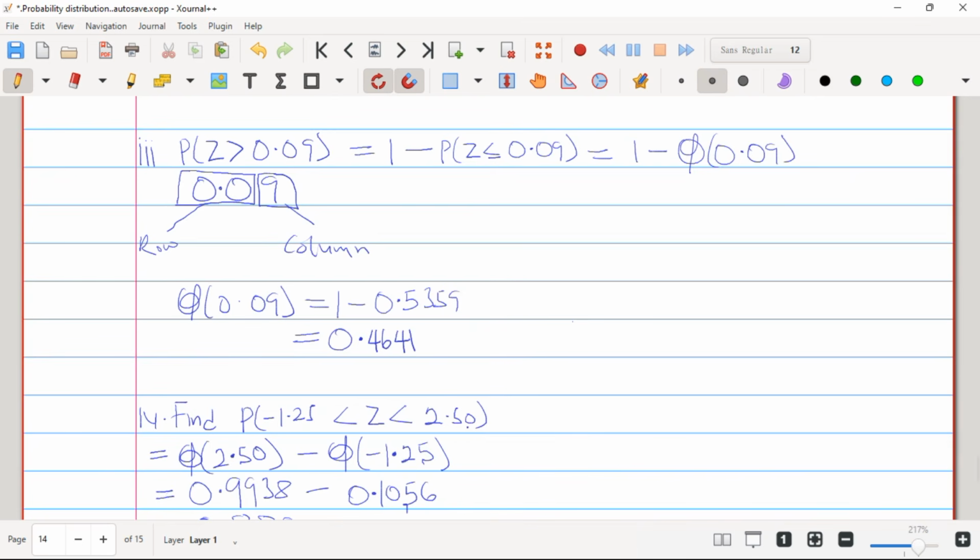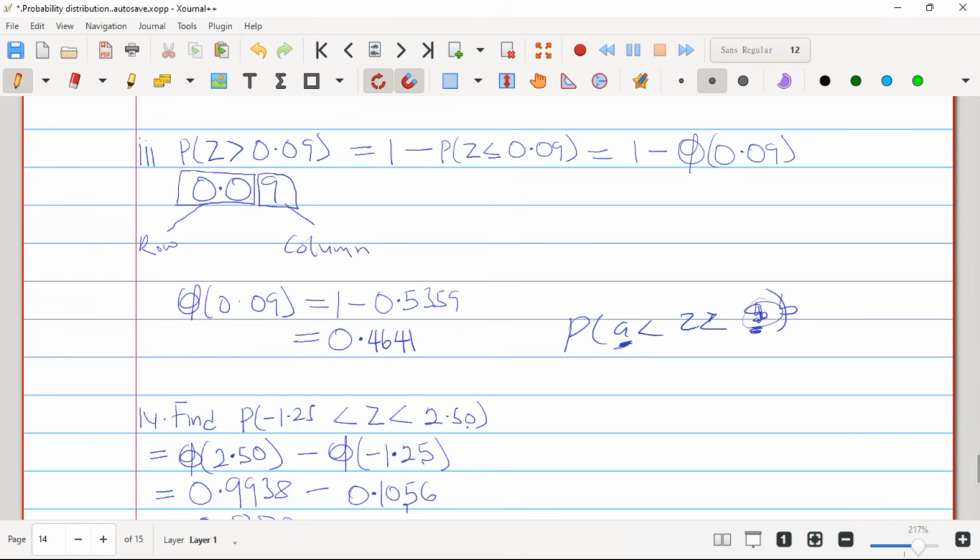Right? So at the end of the day, when you have a is less than z, less than or equal to, let's say, b, we are just going to calculate the probability for this one. We know that a is definitely less than b, and since they are in between, you are just going to subtract.